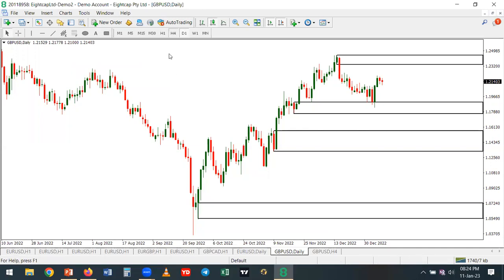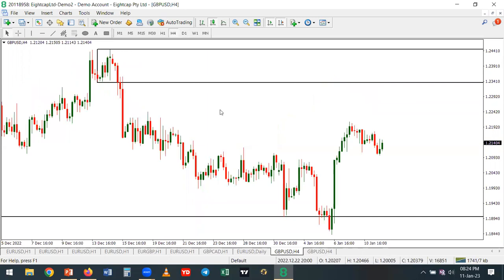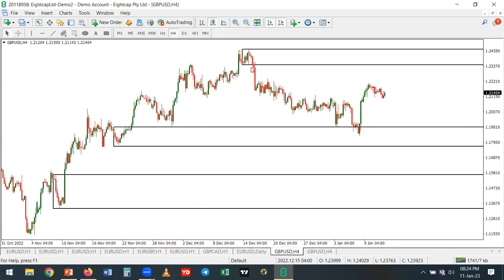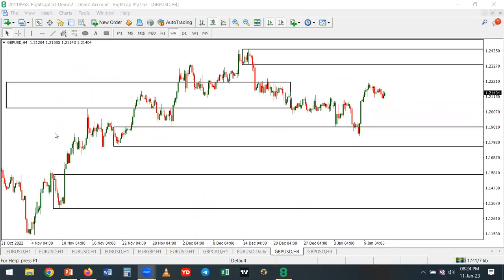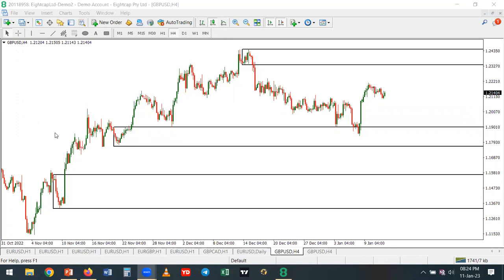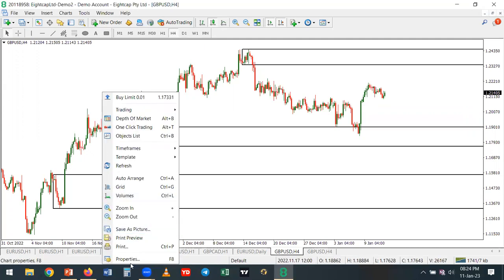Now I'm stepping to my 4 hours time frame. On the 4 hours time frame, I will try to refine these order blocks. Refining order blocks simply means adjusting the order block to suit the candlestick on that particular time frame.